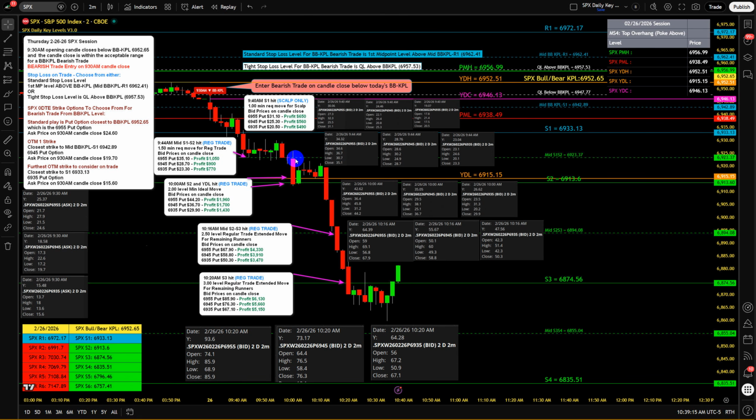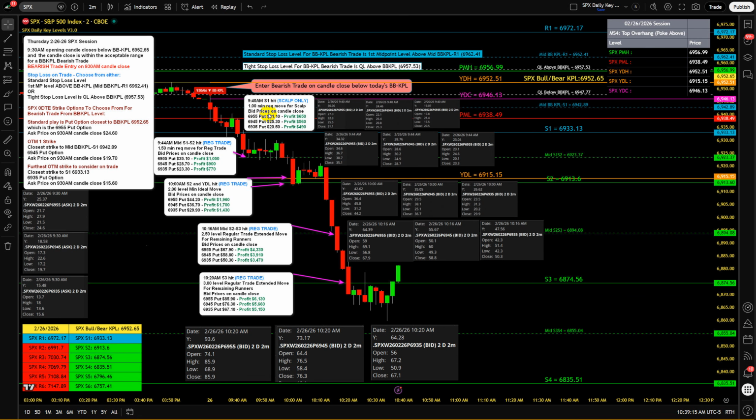And with a regular trade, you are looking for a minimum 1.5 level move in your favor, and then you have many different options depending on how many contracts you're trading and what you're looking to do with that regular trade, which we'll get into in just a moment.